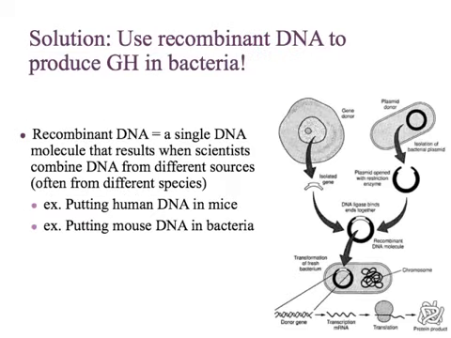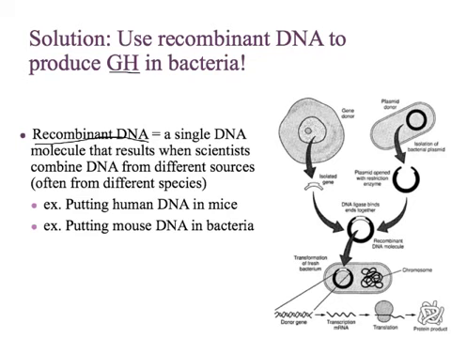Then, finally, with the advent of DNA technology, scientists realized that what we can do is take the gene for human growth hormone, put it inside bacteria, and allow the bacteria to make us some human growth hormone. This is exactly what we did. By putting the human gene for growth hormone into bacteria, they were creating what is called recombinant DNA.